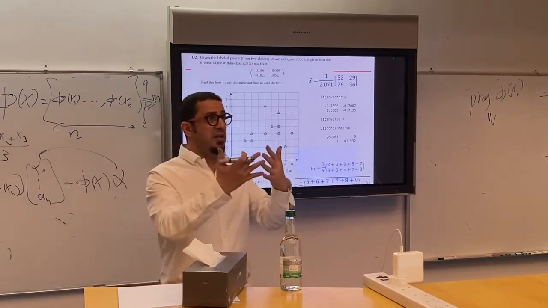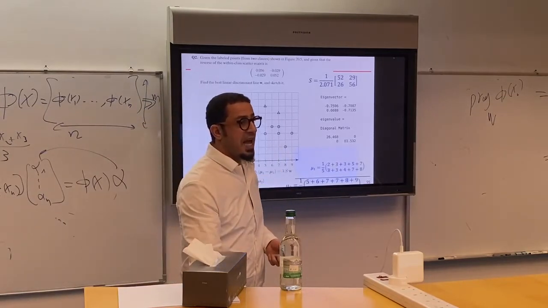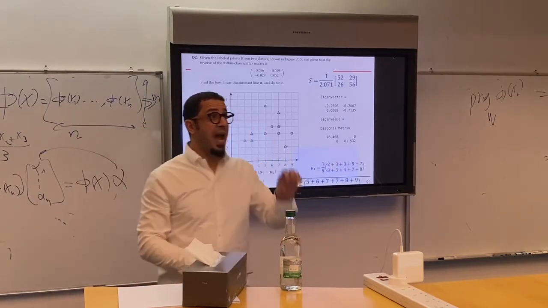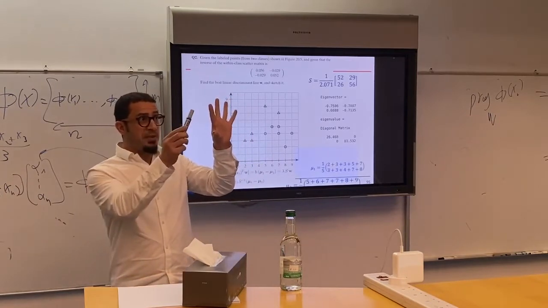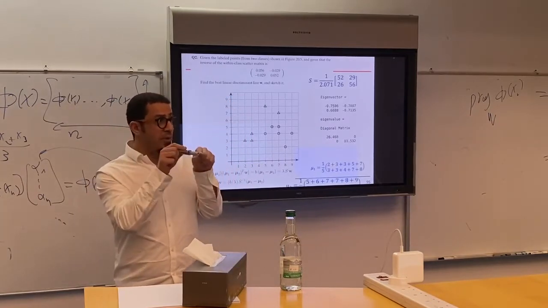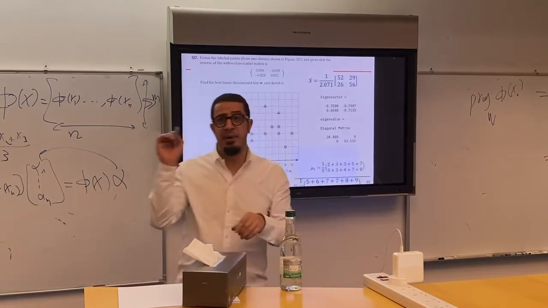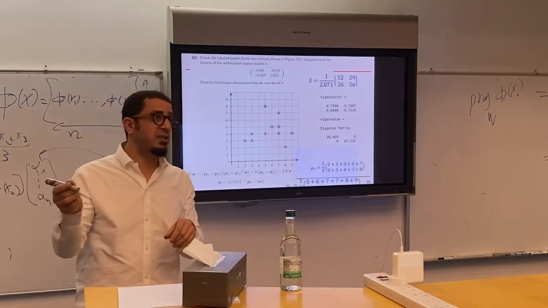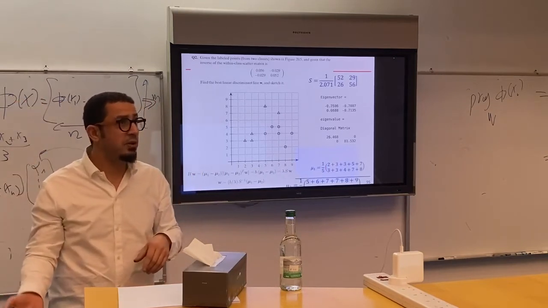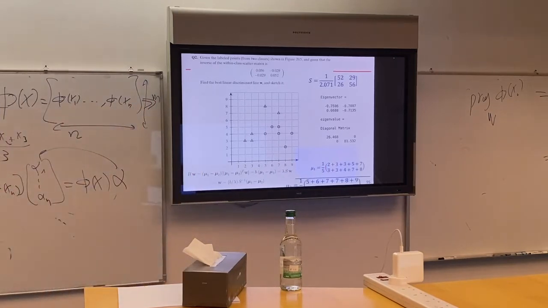And you do the summation, you get your S. So S minus 1 times B is a new matrix. For this new matrix, find the eigenvalue and eigenvectors. The principal eigenvector is your direction. You will find W, you multiply its transpose by your entire data set, you get the projections.